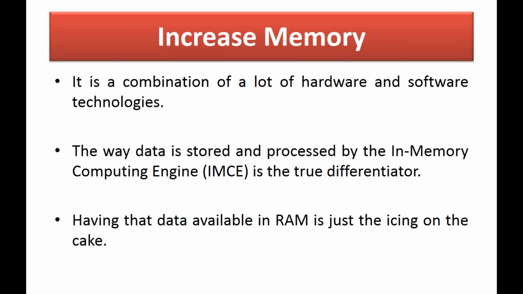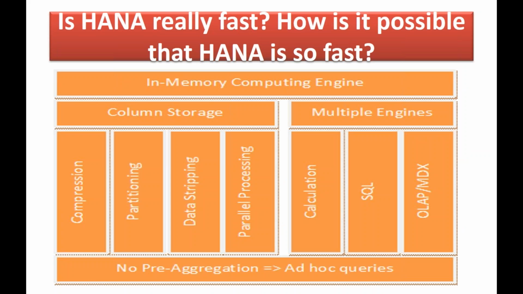In-memory database is one of the features. The biggest feature in HANA is the in-memory computing engine. This is exactly what makes a difference compared with your traditional database system. Having a bigger RAM is just one of the features, but it is not going to make any difference in your traditional database system or HANA as well.